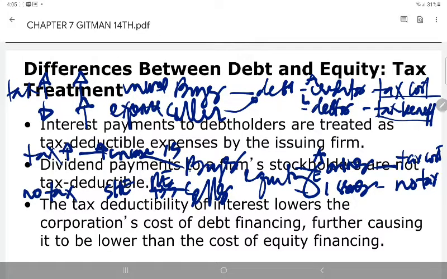Klaro yun? Okay. So, nasa sayo yun. Ang tanong lang ay, saan mas magiging mababa ang tax cost ko? Diba? May mga senaryo na ang dividend income na tatanggapin mo, pwede siyang exempt sa tax.